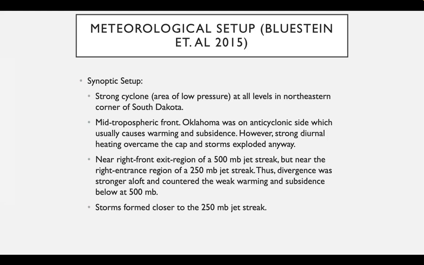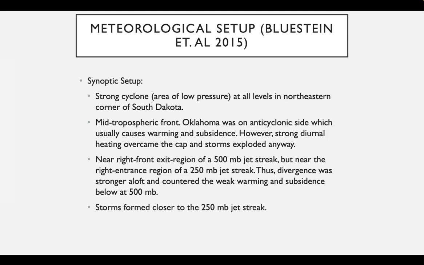So that's what you call breaking the cap. And then, even though there was a 500 millibar jet streak, and El Reno and Oklahoma City weren't in the best position there for rising air, there was another jet streak at 250 millibar where they were in the right entrance region, and that is conducive for divergence aloft and rising motion.